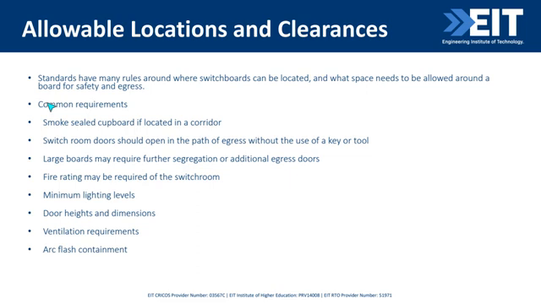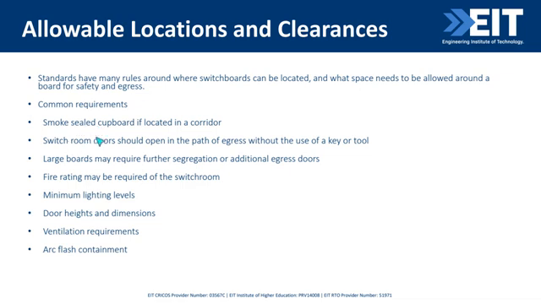Some common requirements that relate to switchboard locations and clearances that you may need to consider: if your switchboard is going in a corridor, you might want to seal the cupboard from smoke so that a fault on that board doesn't produce smoke into an egress path.